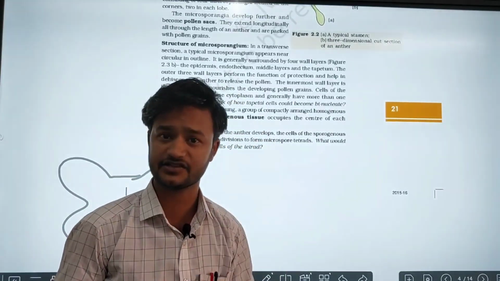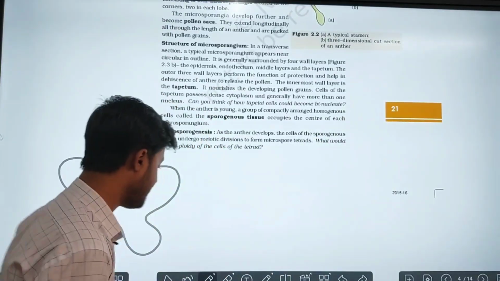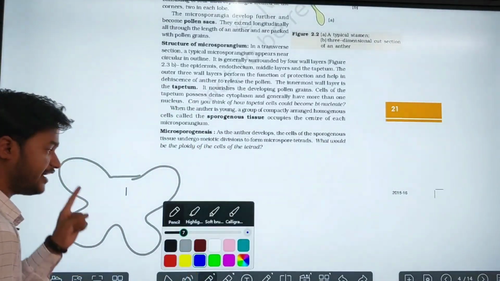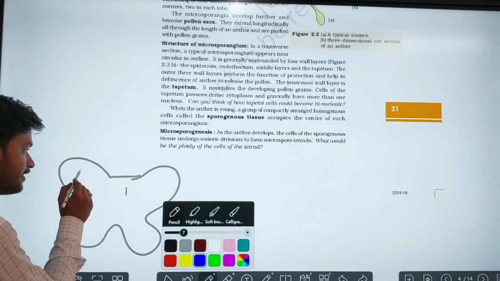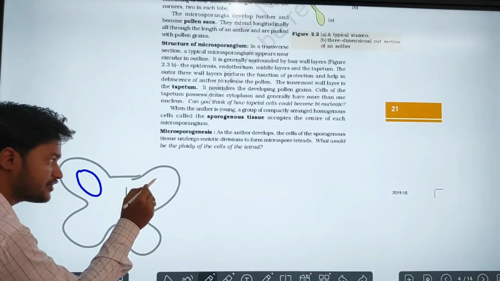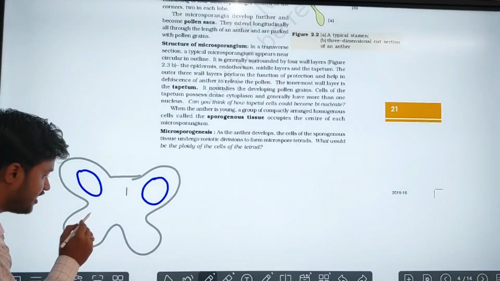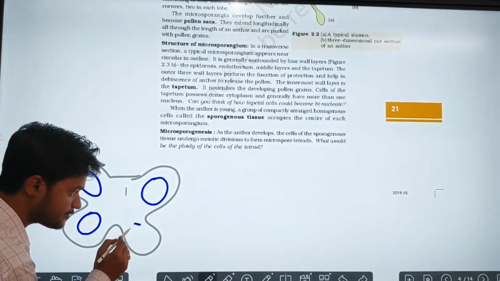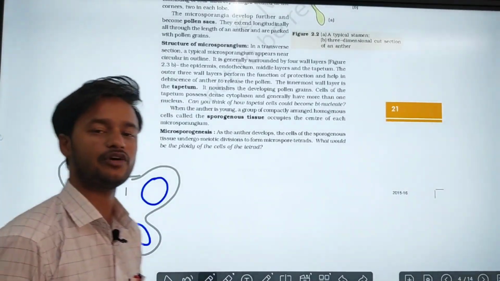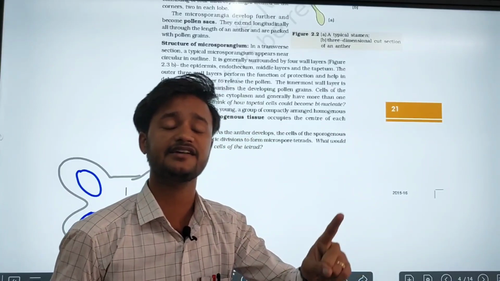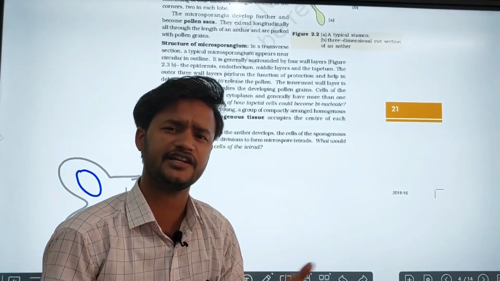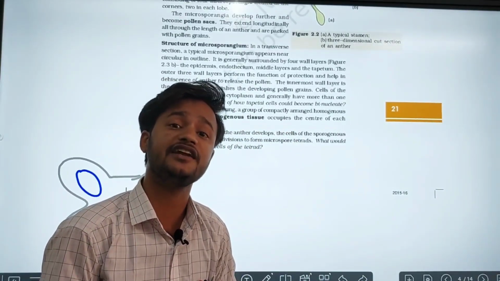Hence that anther is called a tetrasporangiate anther. In each corner region there is 1 microsporangium: here is one, here is another, and this is another.